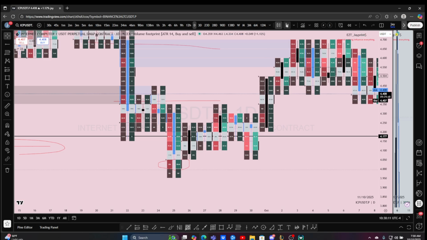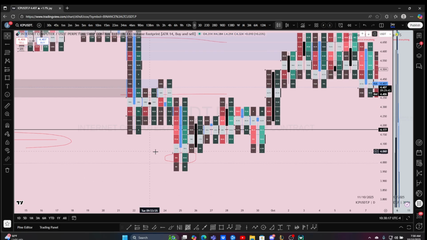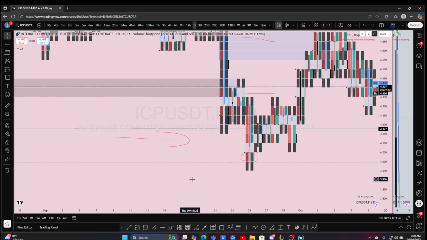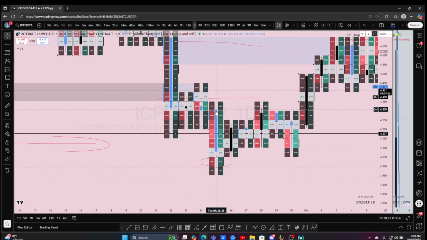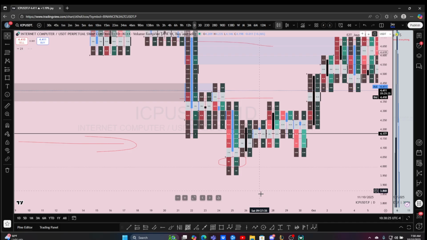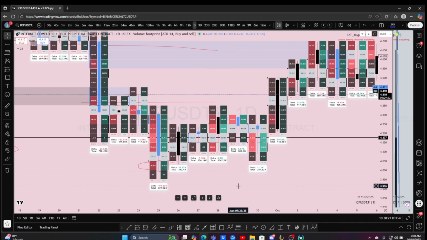So what that means is, since we have created no fair value going below the previous liquidation, and we have created bullish imbalance as we're not able to fair value lower, that is already triggering in my head that we're about to see bullish order flow going the other direction.